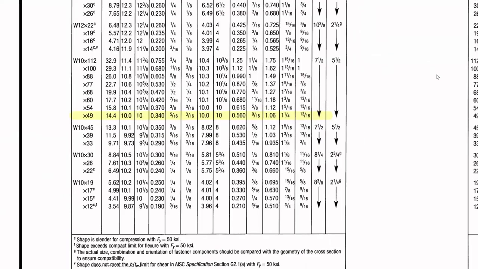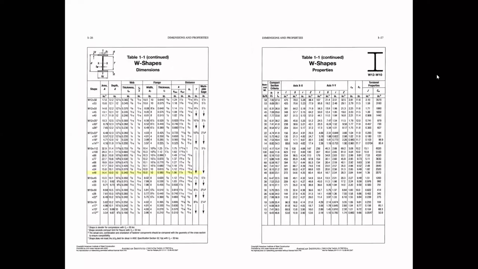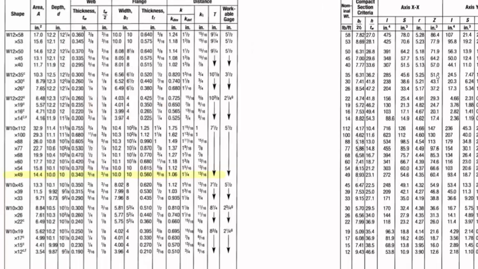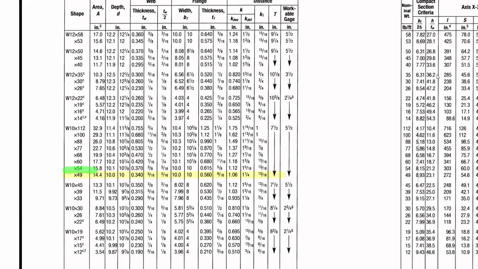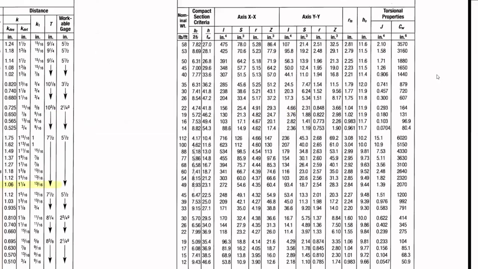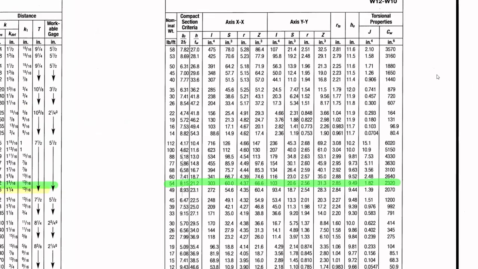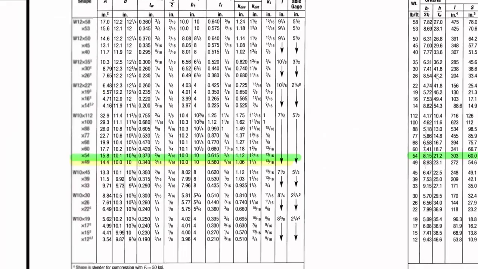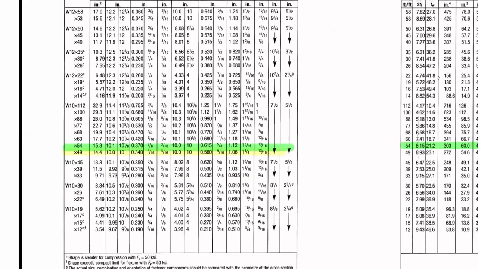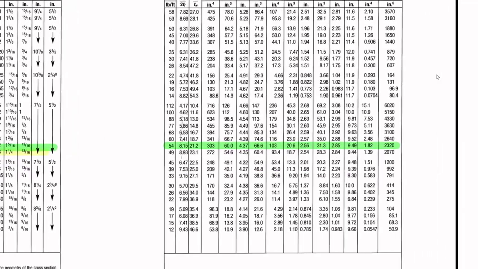The first value that exceeds 14.879 is W10x54, which has a value of 15.8. So Ag is 15.8, and our ry is 2.56.